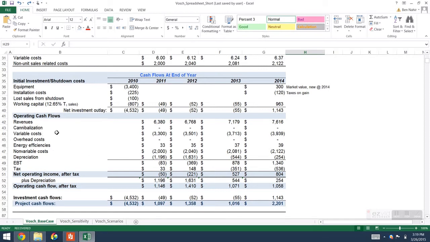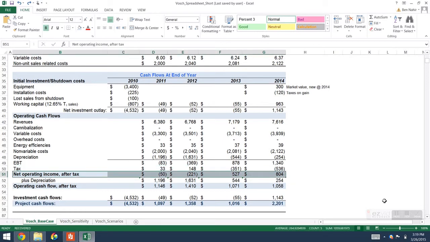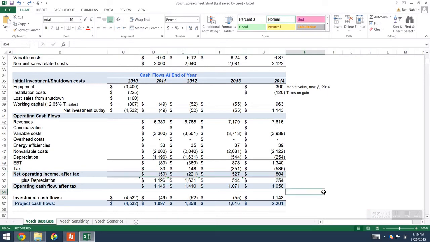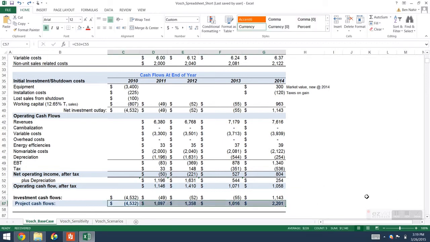And it's important to include in this cash flow statement not just different parts of the cash flows, but intermediate sums as well. So for instance, net operating income before taxes. This is important not only from a grading standpoint, but it also, again, makes it easier for your reader to interpret what's going on. They can see the steps that you took to arrive at your final cash flow projections.